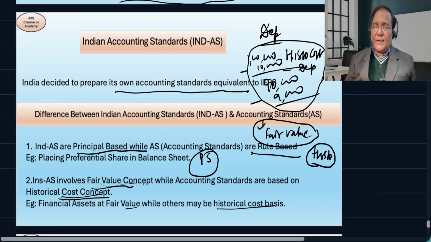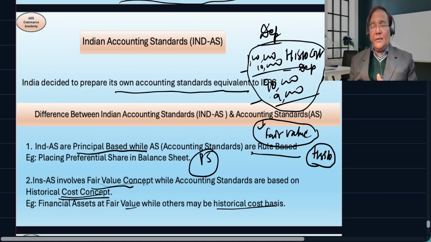It says that we can keep non-financial assets such as plant, building, machinery, land on the basis of historical cost, but securities or financial investments that the companies have made should not be treated as historical cost.